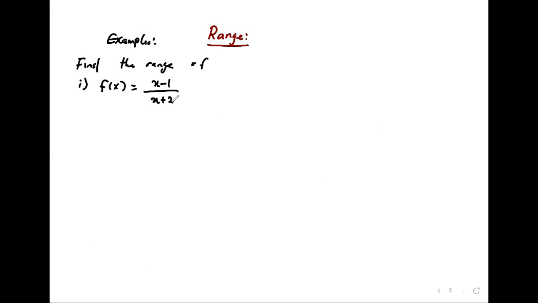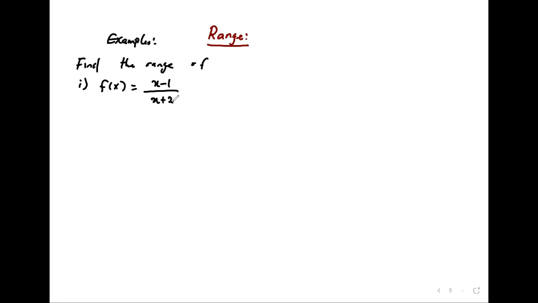What was the agreement? The agreement in lecture 1 was that the range of f is the domain of f inverse.